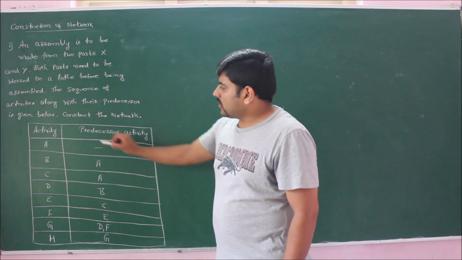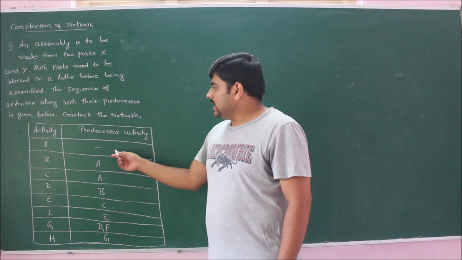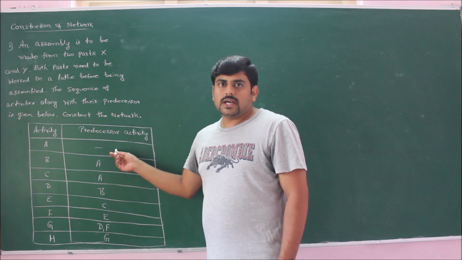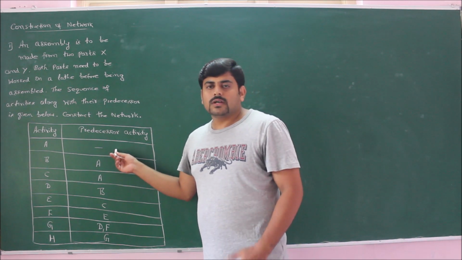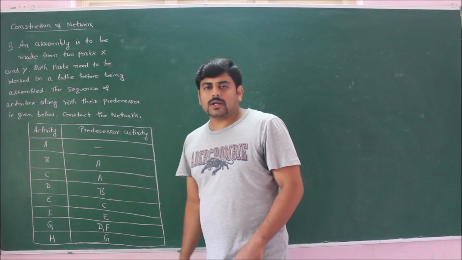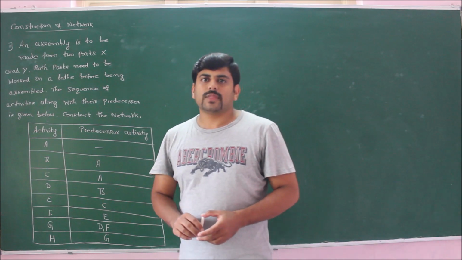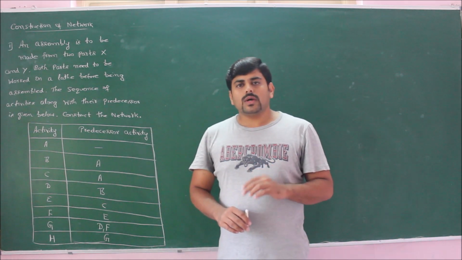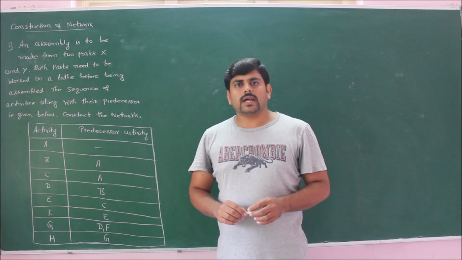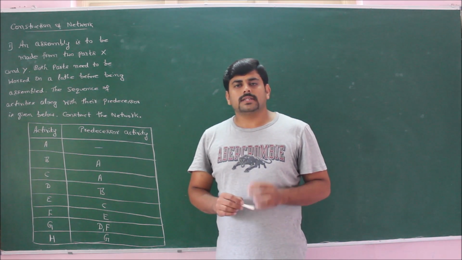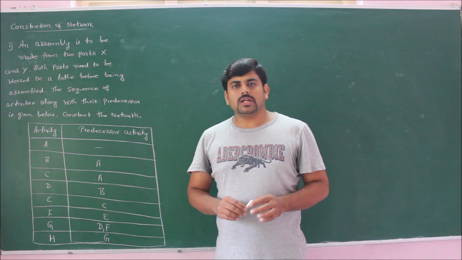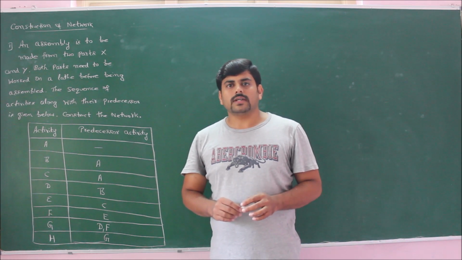We have activities and their respective predecessors. Coming to activity A, we don't have any predecessor. Just now we discussed Fulkerson's rule for numbering the event. If there is no incoming activity for a node or an event, that will become the initial or first node or event.